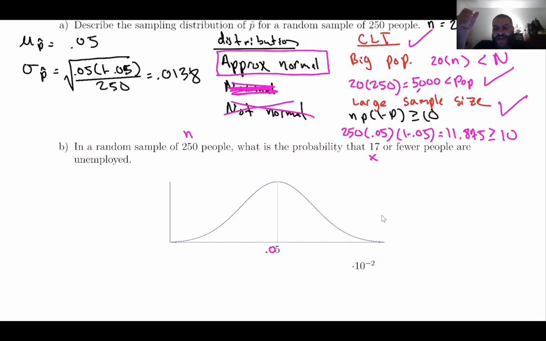Remember, x is the characteristic we're looking for, so right now we're looking for people who are unemployed. To find p hat, we do x divided by n, where x is 17 and n is 250.